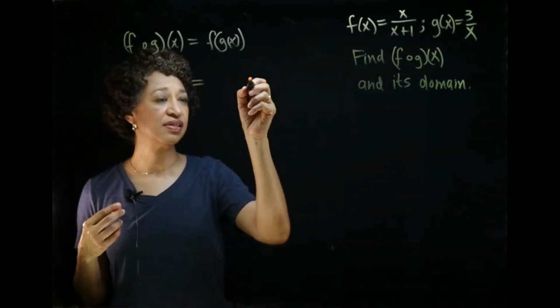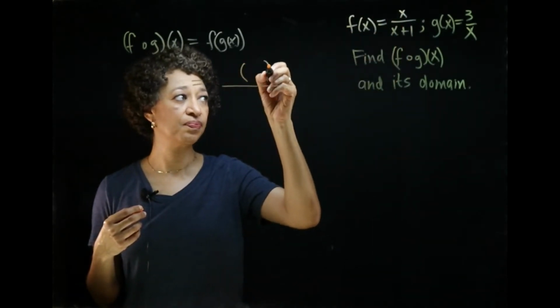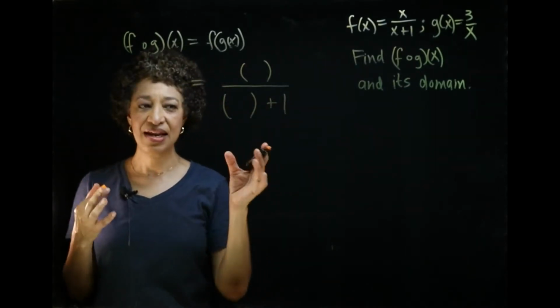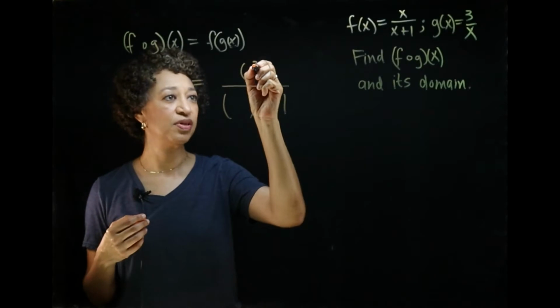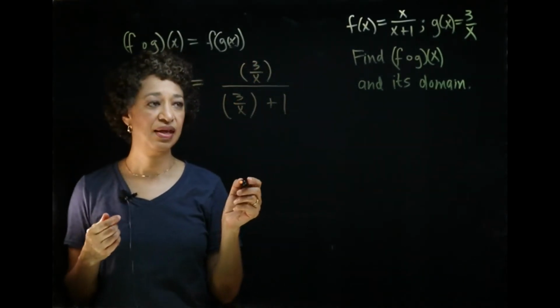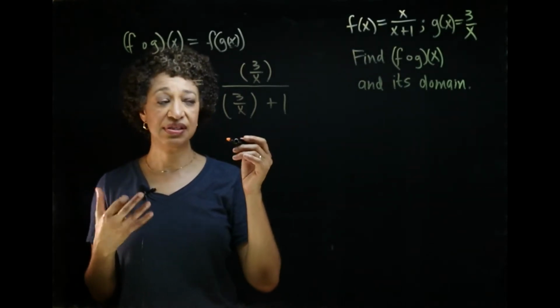It looks like this. Wherever I see an x in f of x, I'm going to put a little gap. And into that gap, I'm going to insert the function named g of x. So we put 3 over x here and 3 over x here. Now that's the composition. All I need to do now is to simplify it.